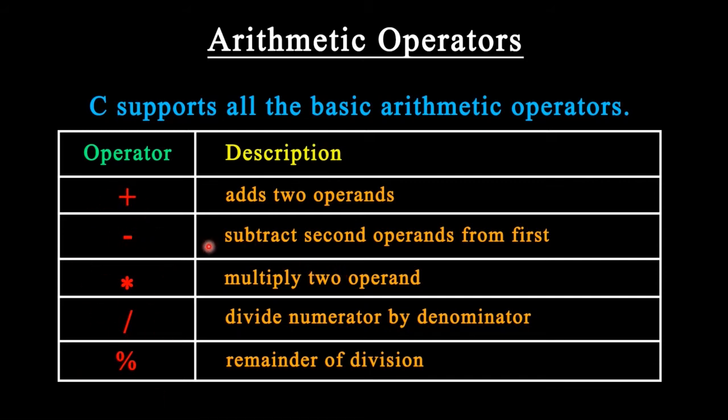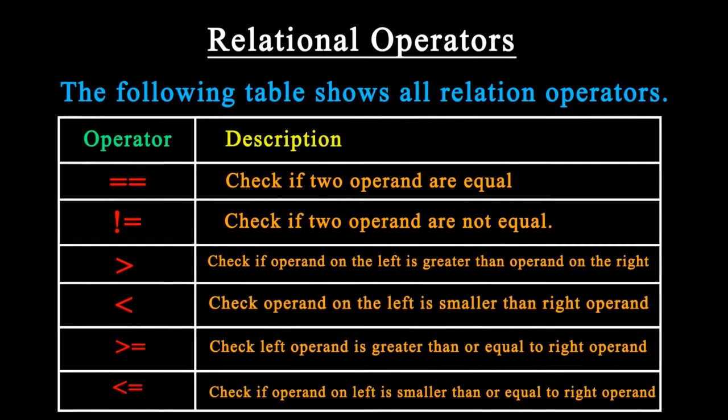Now let's go on to the second type, which is the relational operators. So these are all the relational operators. Let's check all of these one by one. The first one is double equals. What this double equals does is check if two operands are equal.